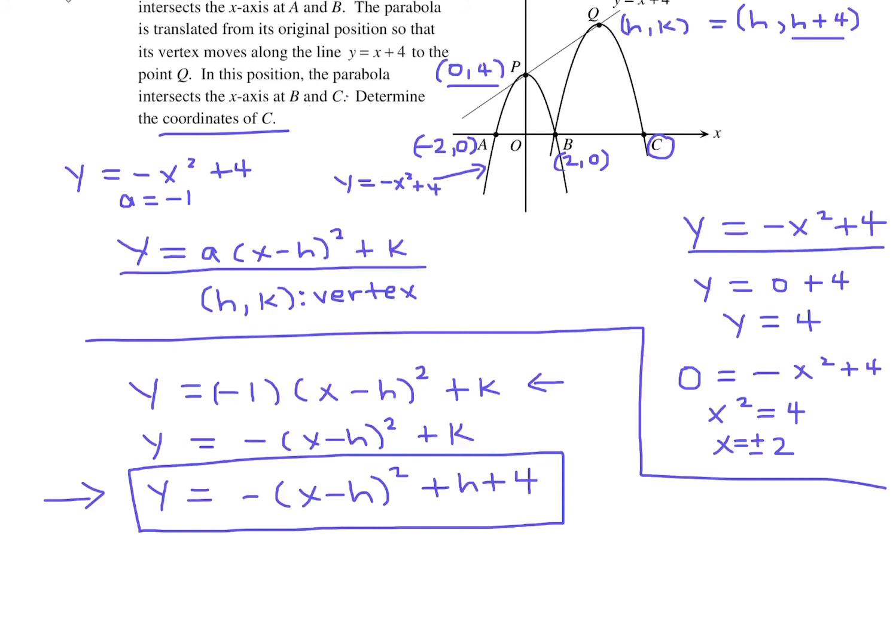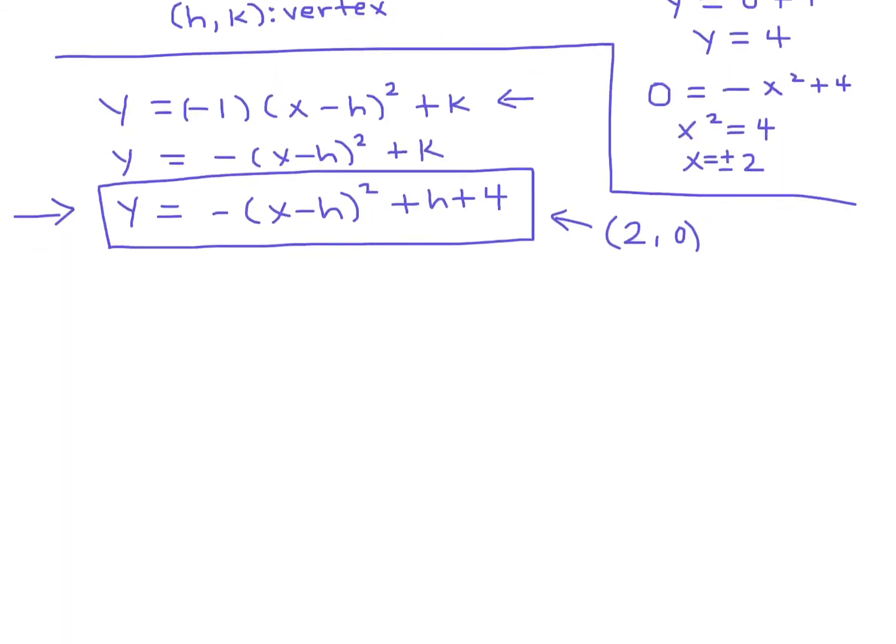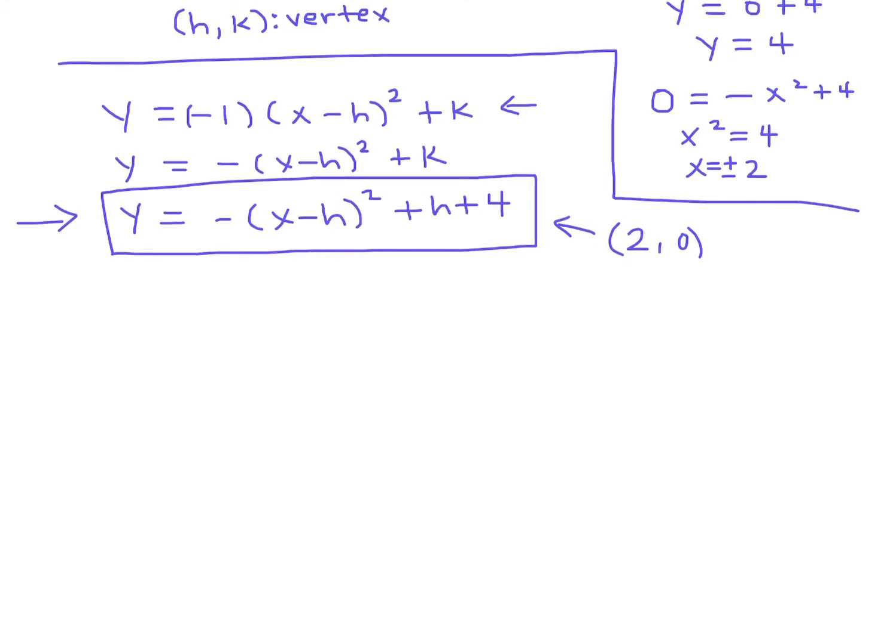It was on the original parabola, and that's how we were able to figure it out as (2, 0), but it's also on the new parabola. So that coordinate (2, 0) can also be substituted into our new equation, and that should help us figure out C. So let's substitute that in.